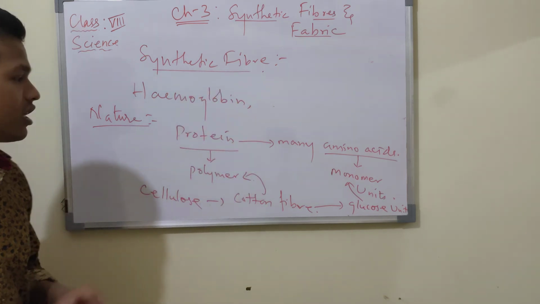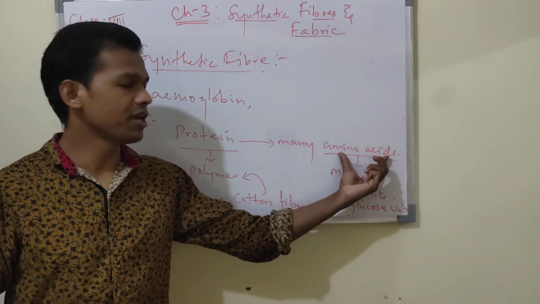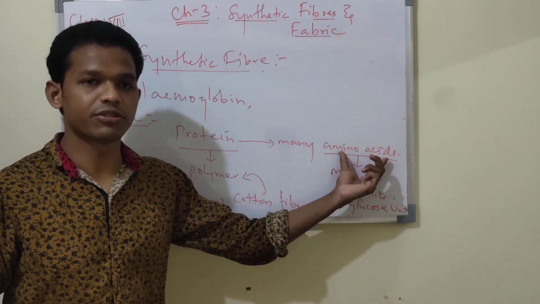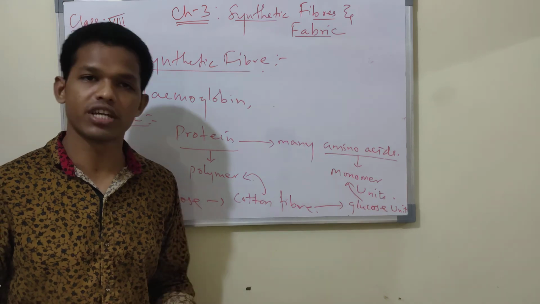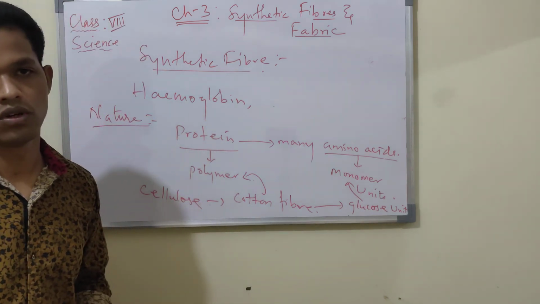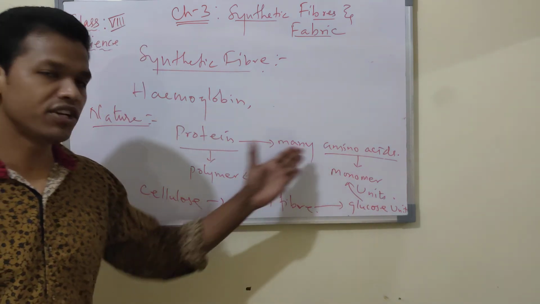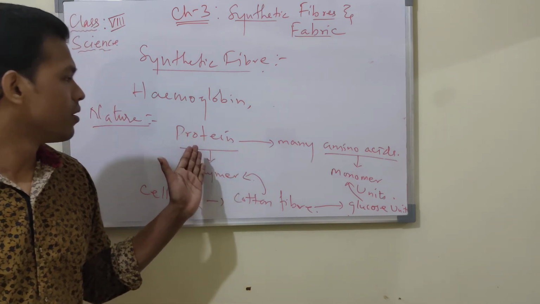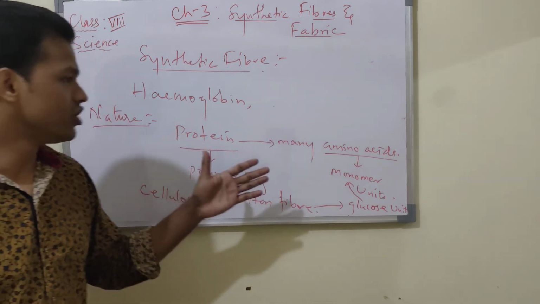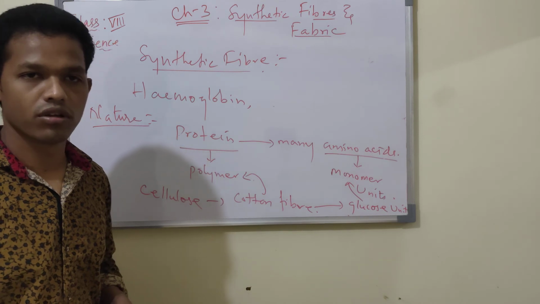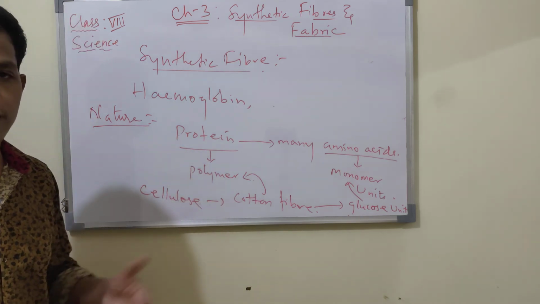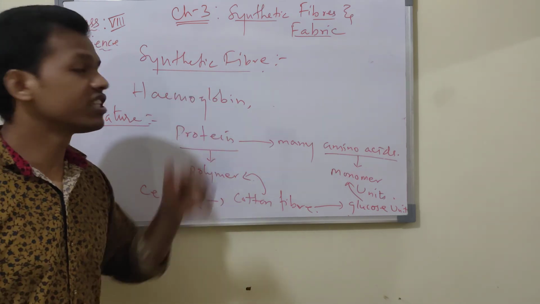These monomer units are chemical substances, which are combined together by machines or instruments to form a polymer. So these fibers are formed chemically, and therefore they are called synthetic fibers.